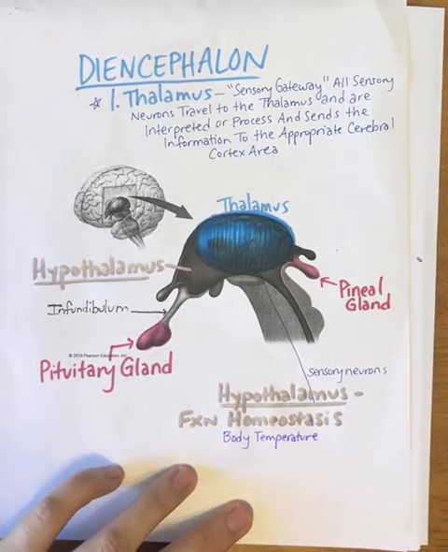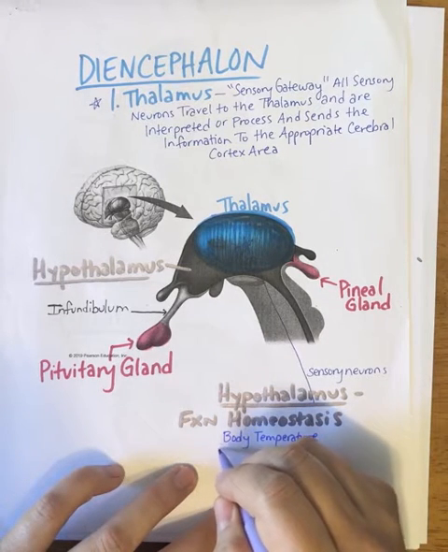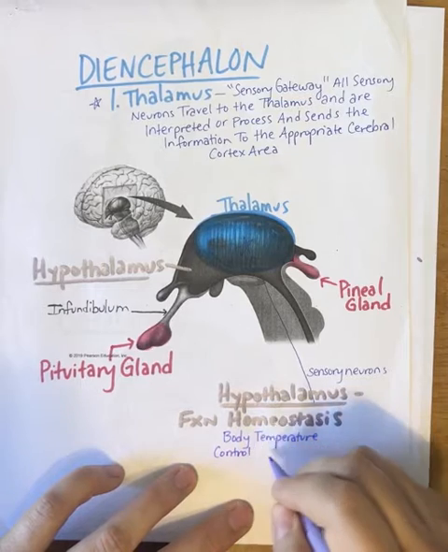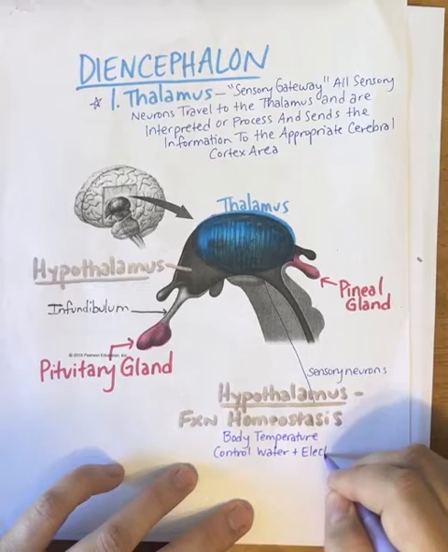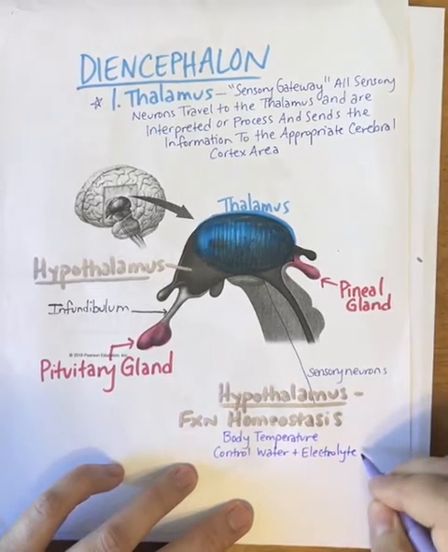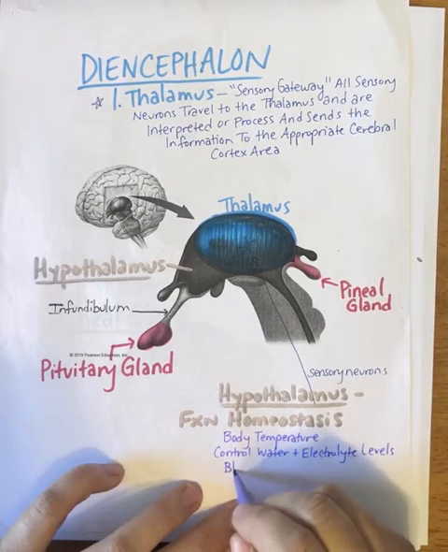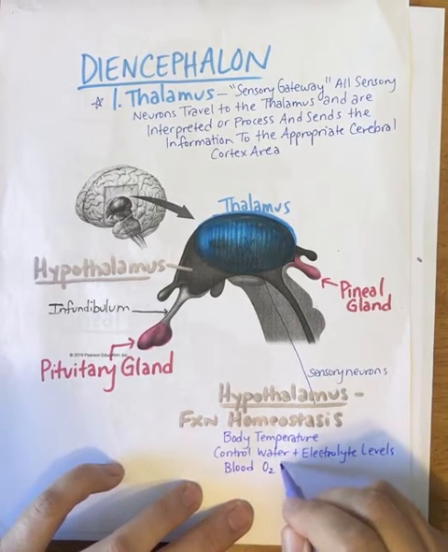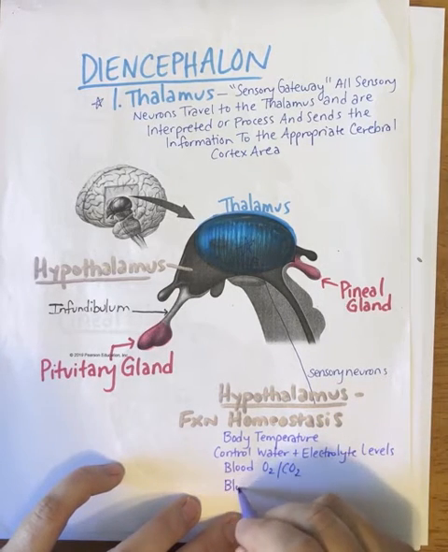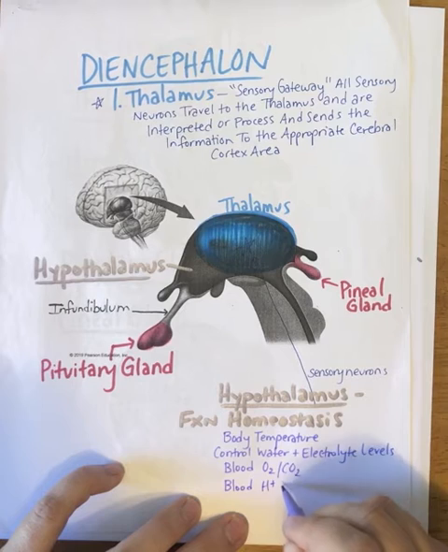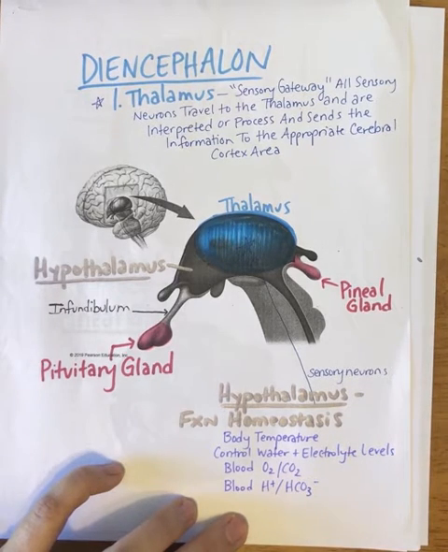It's going to make sure that you maintain a 98.6. It's going to control your water levels. And your electrolytes. It's going to control your blood oxygen and CO2 levels. It's going to control your blood hydrogen ions and bicarbonate ions, which is going to be important for AMP2.